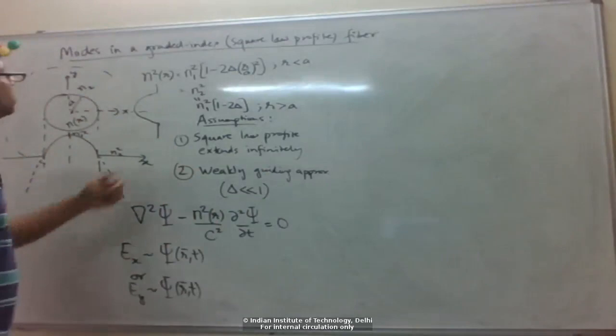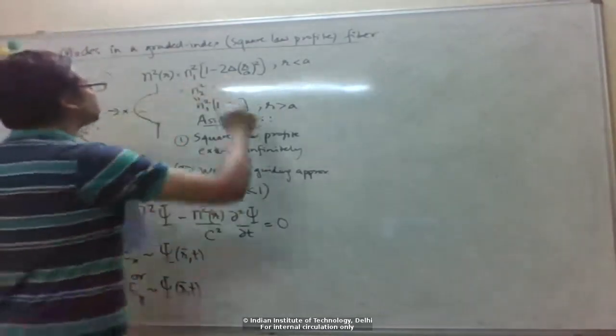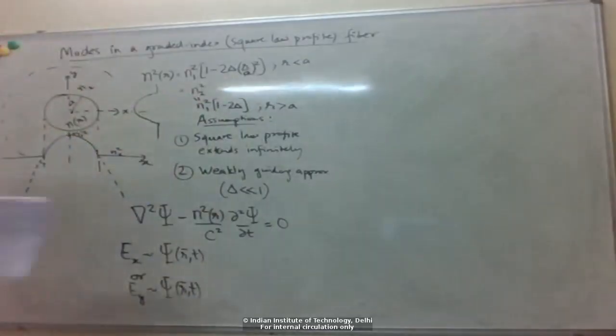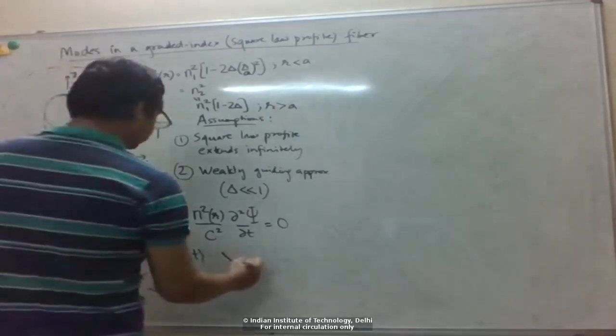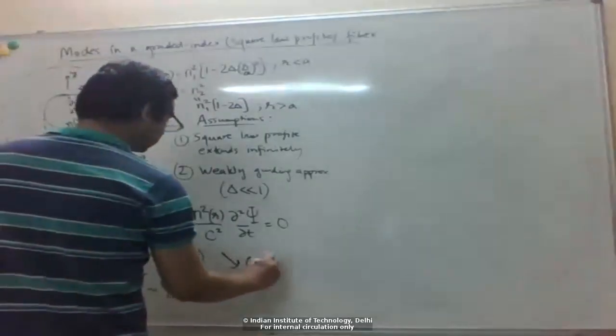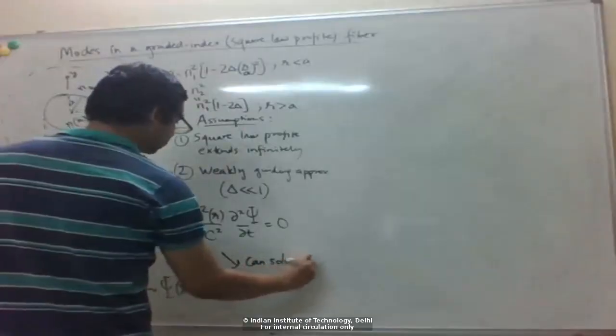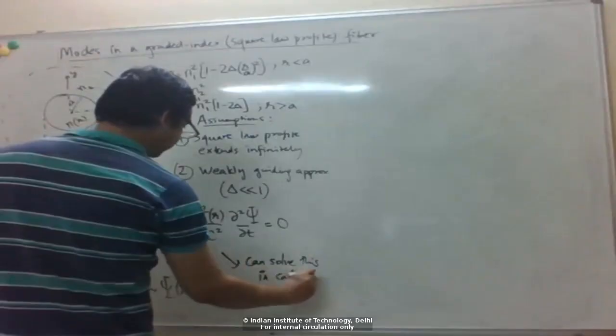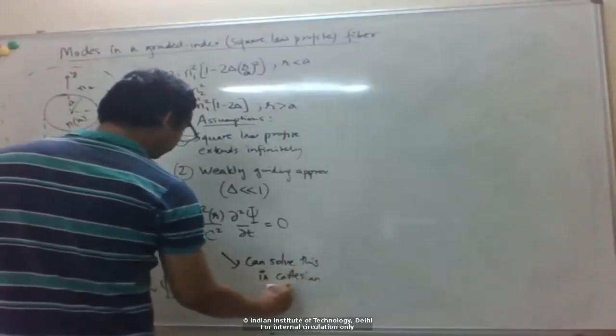But it turns out that for this kind of refractive index profile, we can actually solve this in Cartesian coordinates also. So we'll see how we do that. We can exactly solve this in Cartesian coordinates.